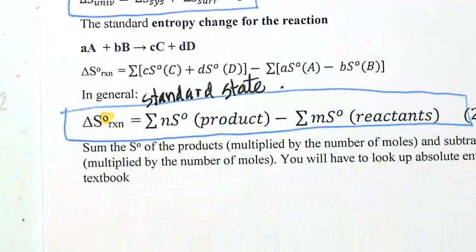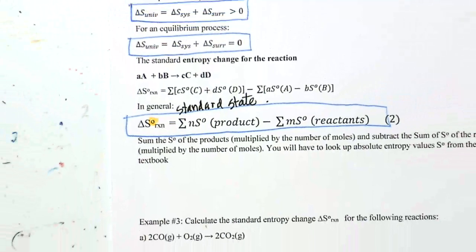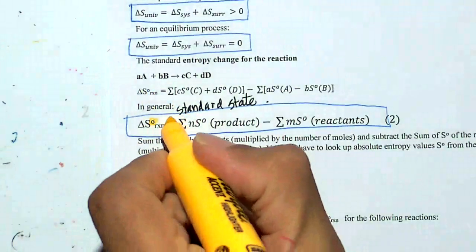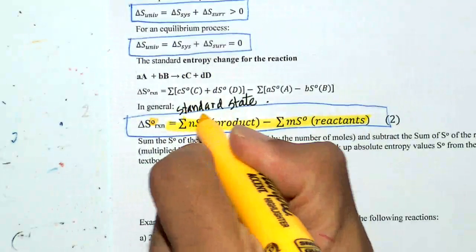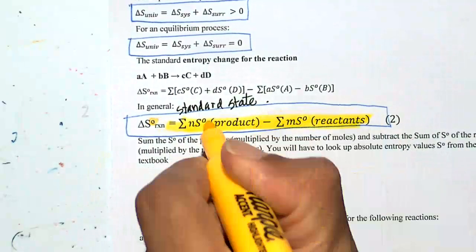Okay, so let's do this problem here. All right, we're going to utilize this equation: sum of the products minus sum of the reactants.